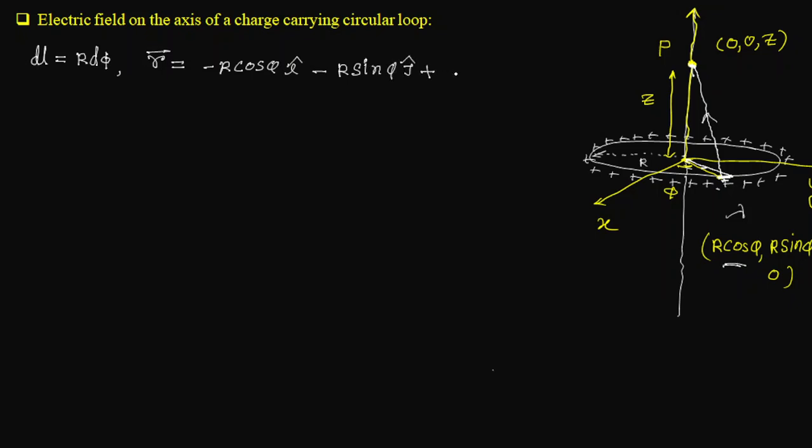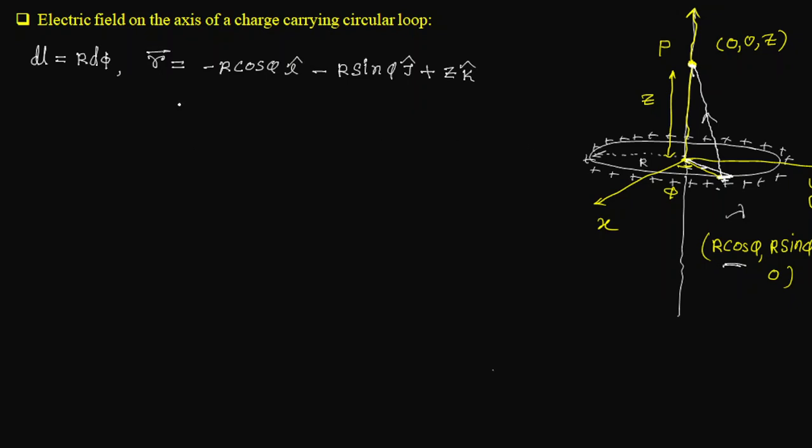The z coordinate of the field point is z, but the source z coordinate is 0, so we write z minus 0, that means z k cap. This will be the position vector of point P with respect to the source coordinate.